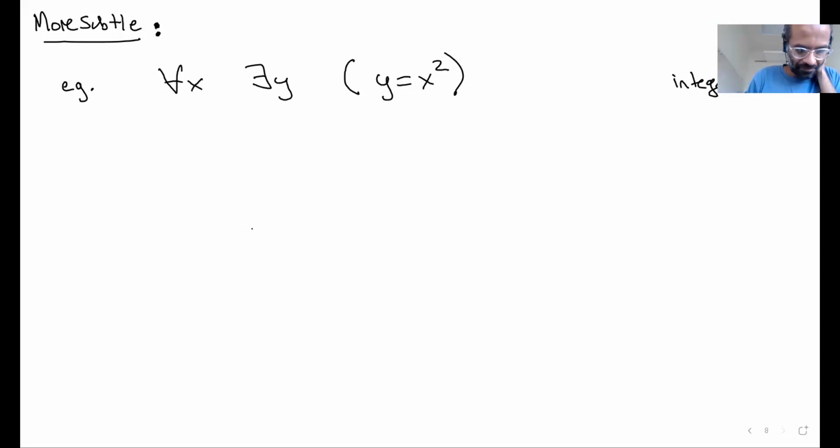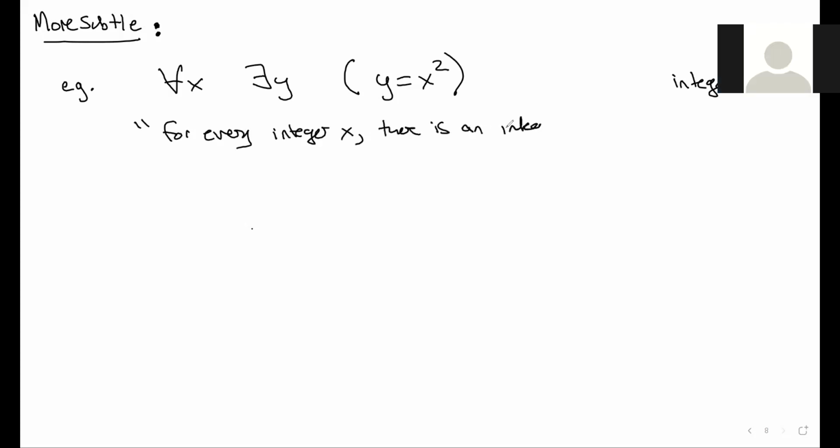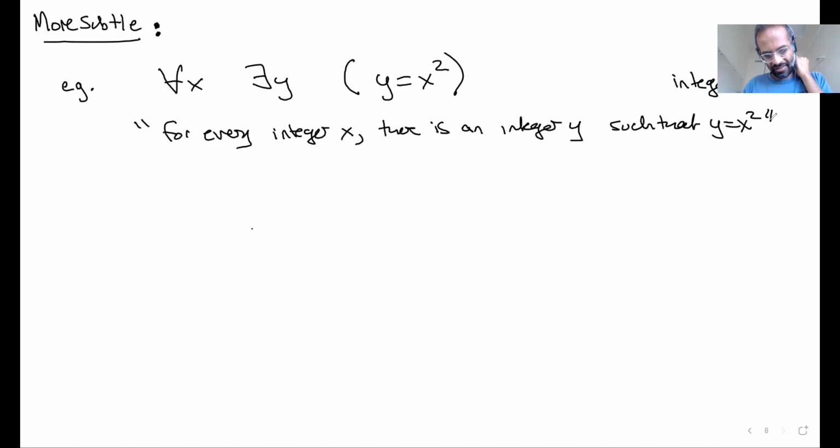Well, yeah, it's true. Every integer x has an integer square. Yes, there is an integer y such that y equals x squared. And we'll talk a little bit more towards the end of the lecture about how to prove something like this.